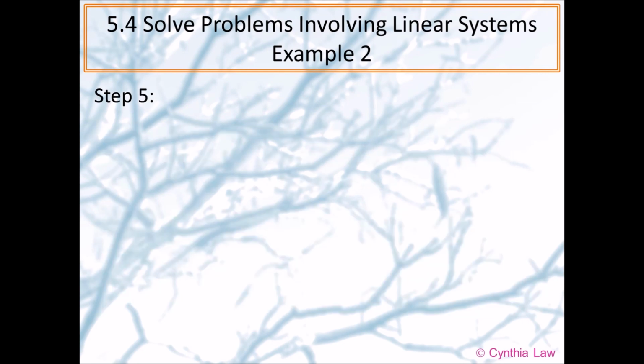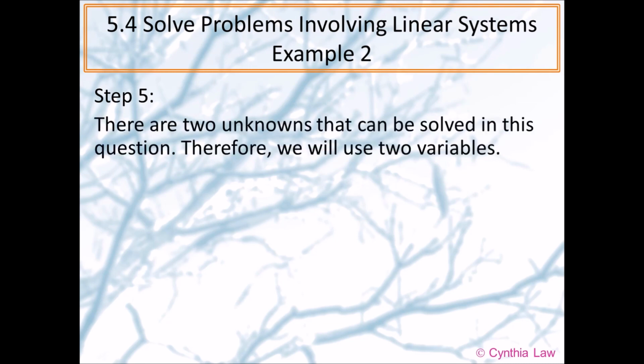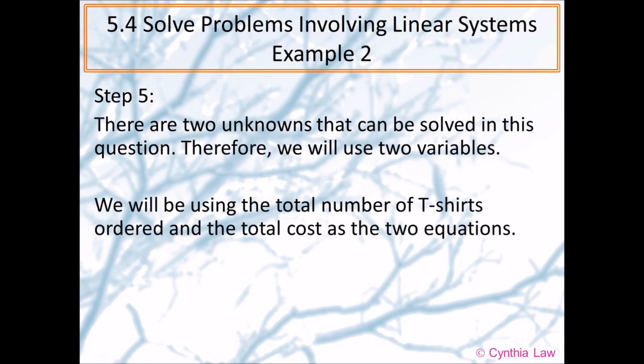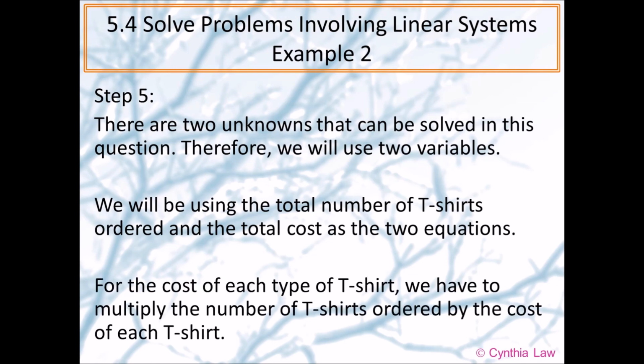So step 5, we want to write down our let statements. Based on step 4, we have a pretty good idea of what to do with these variables. So we have 2, and we're going to use the total number of t-shirts and the total cost as the 2 equations. To calculate the total cost of each type of t-shirt, we have to multiply the number of t-shirts ordered by the cost of each t-shirt.